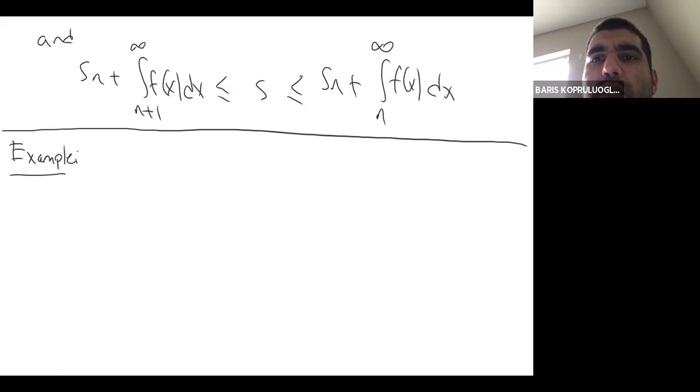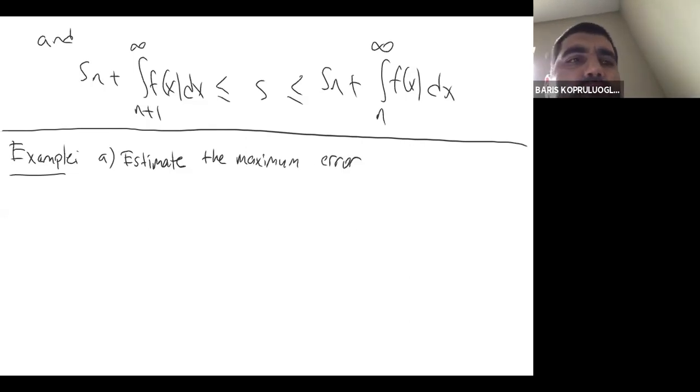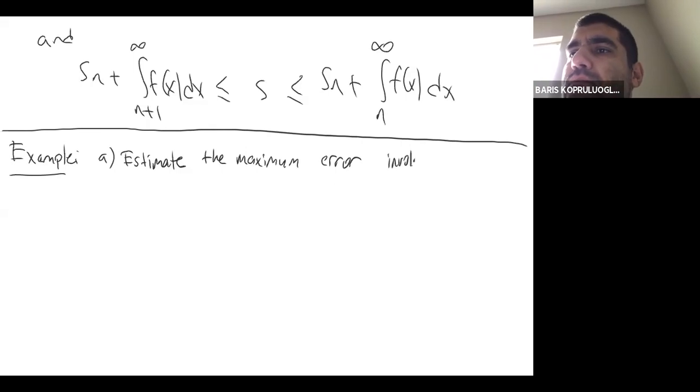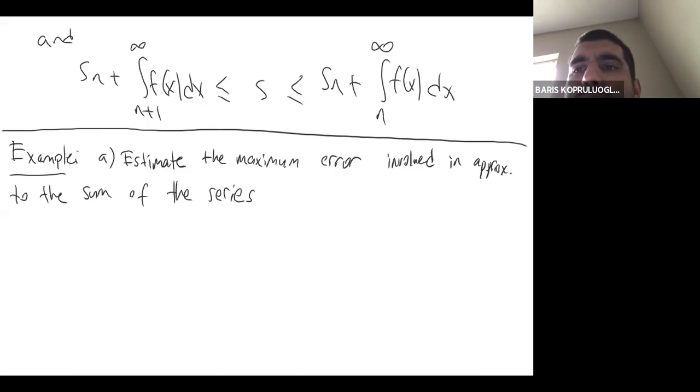There are 3 parts: estimate the maximum error involved in approximation to the sum of the series one over n cubed by using first n terms.